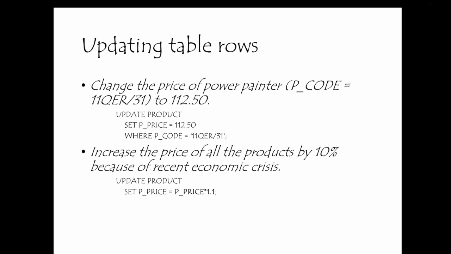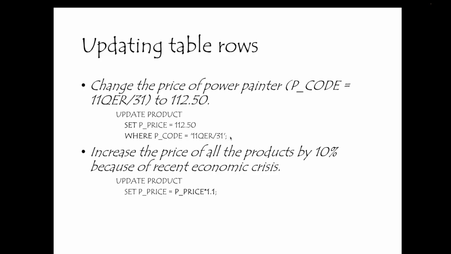Again, if there is a condition, you have to use where statements. So update the product, and we are going to set the column P price with the value 112.50. But we want to change only one product where P code equals 11QR31.